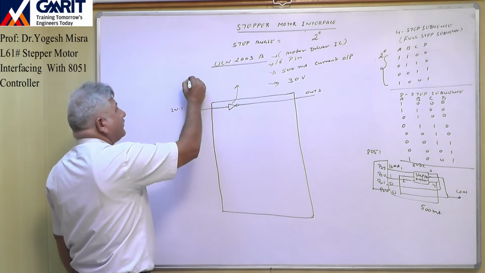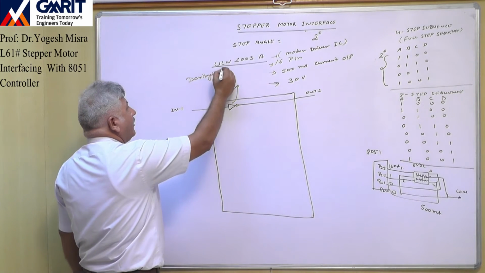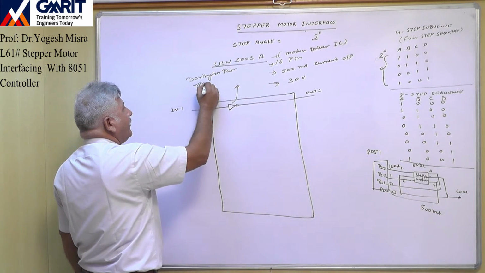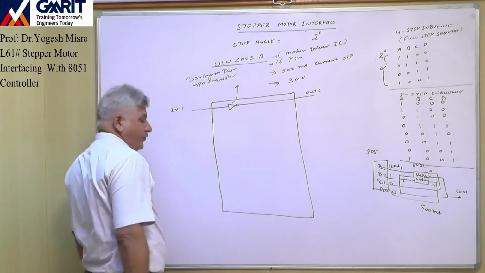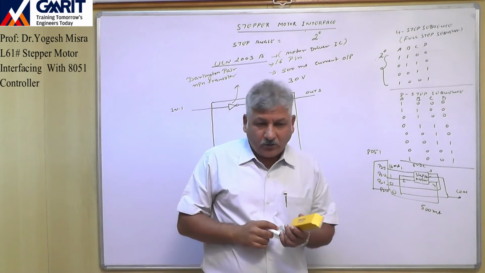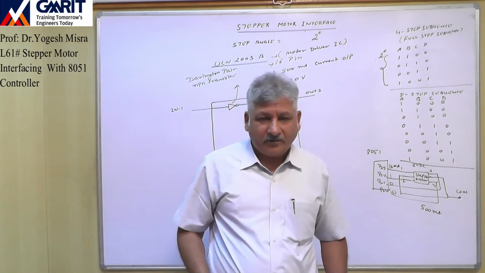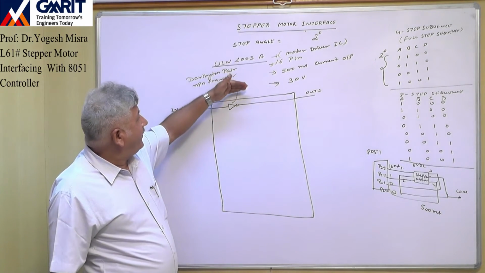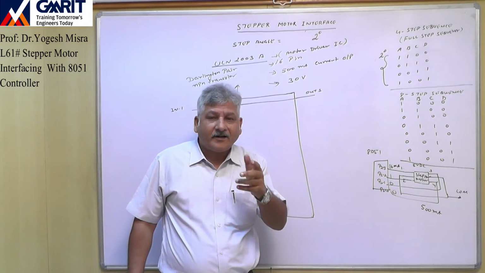This is a Darlington pair NPN transistor. Darlington pair NPN transistor is used in stepper motors. So the Darlington pair NPN transistor amplifies the current.